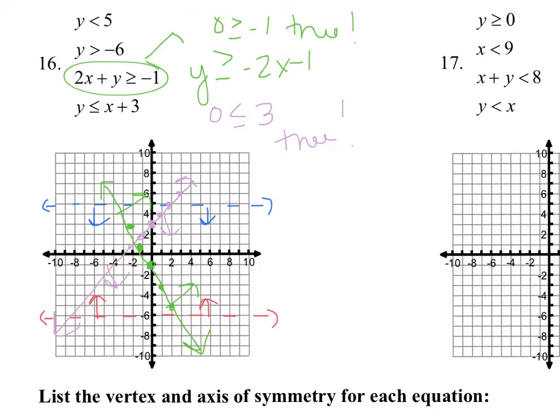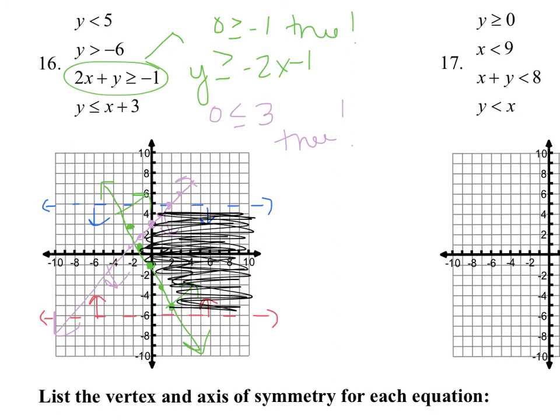So the shaded region will be along here. Remember, if it's true, you shade to include it. If it's false, you shade away from it. Also remember that when you divide or multiply by a negative, you have to flip the inequality symbol. Okay. Alright, that concludes the review on linear inequalities.